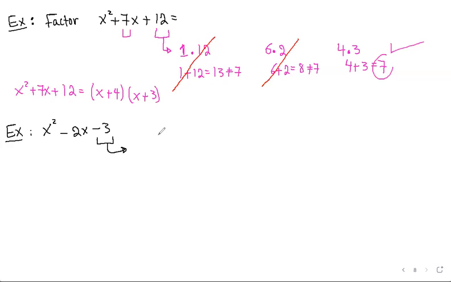What are the numbers I can multiply that give me negative 3? So 3 times minus 1 gives me minus 3, right? But what's the summation of them? It's 2, not negative 2. So this is not my answer. What about if I multiply negative 3 times 1?